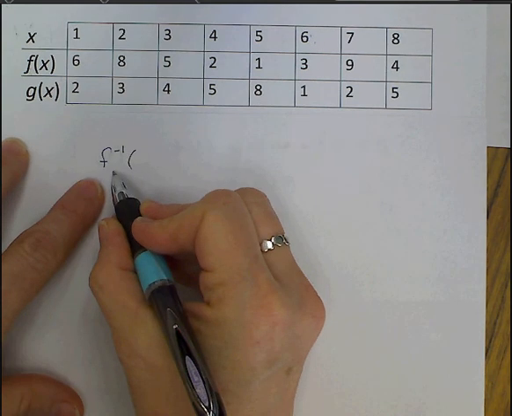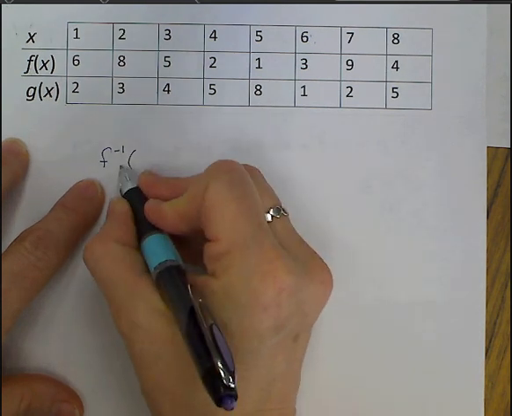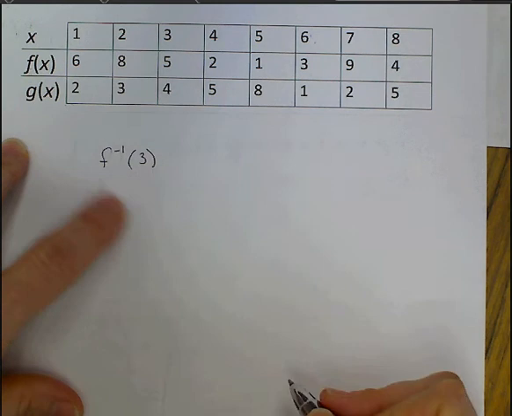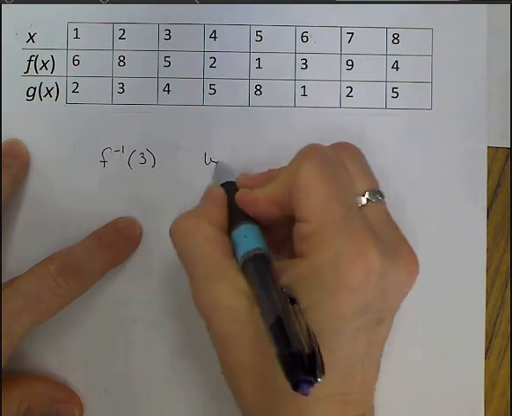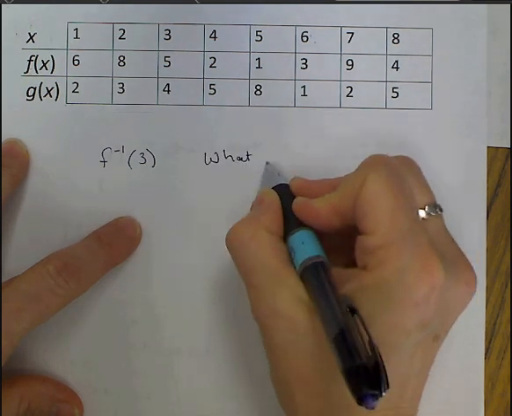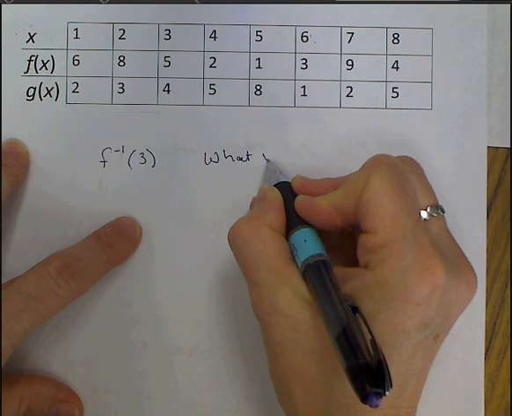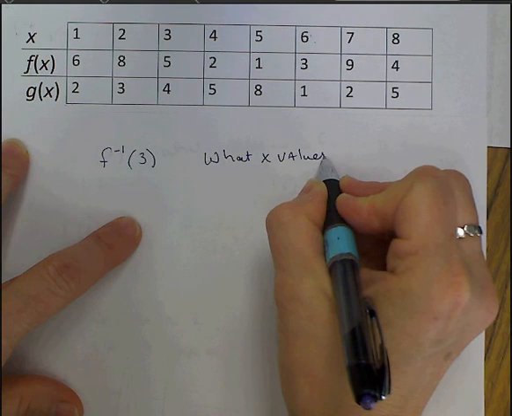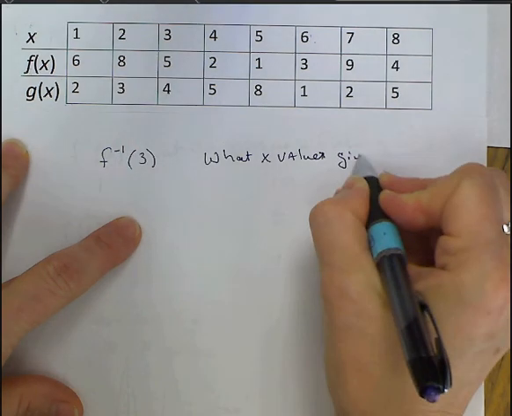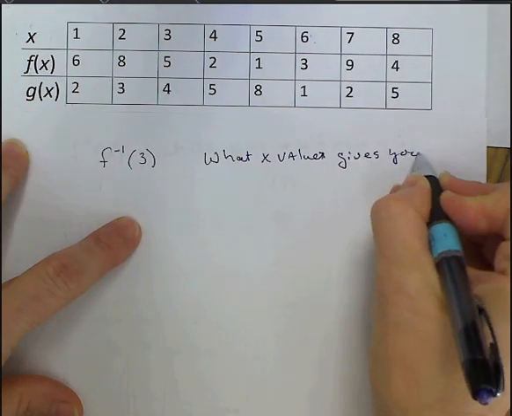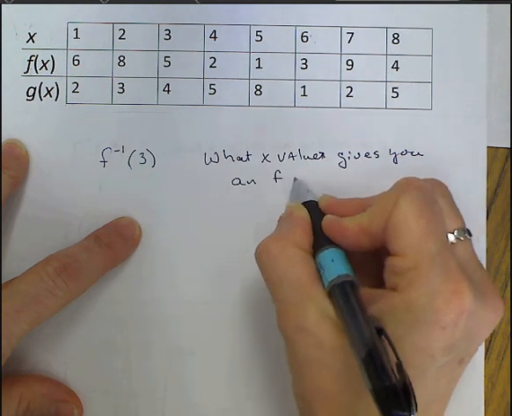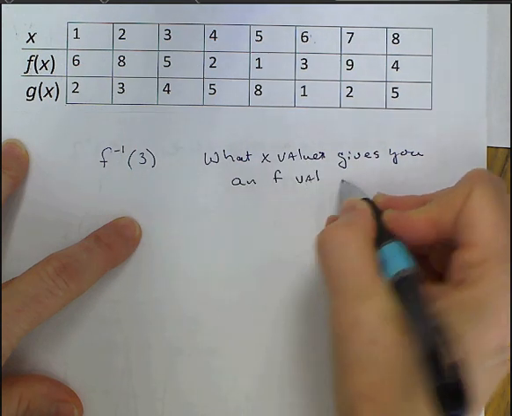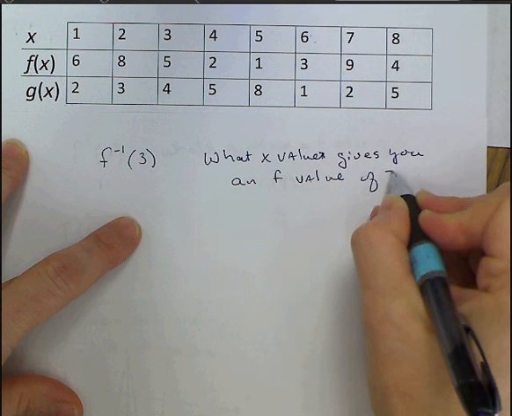And so we might say, what is the inverse of f at 3? Well, this says what x value gives you an f value of 3?